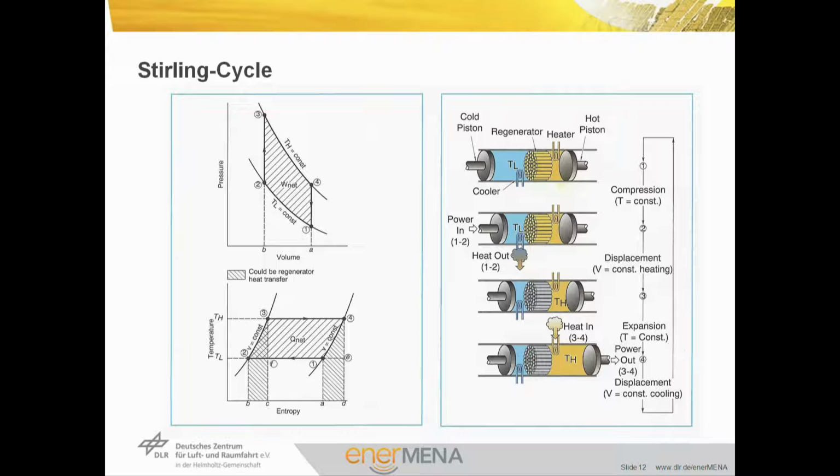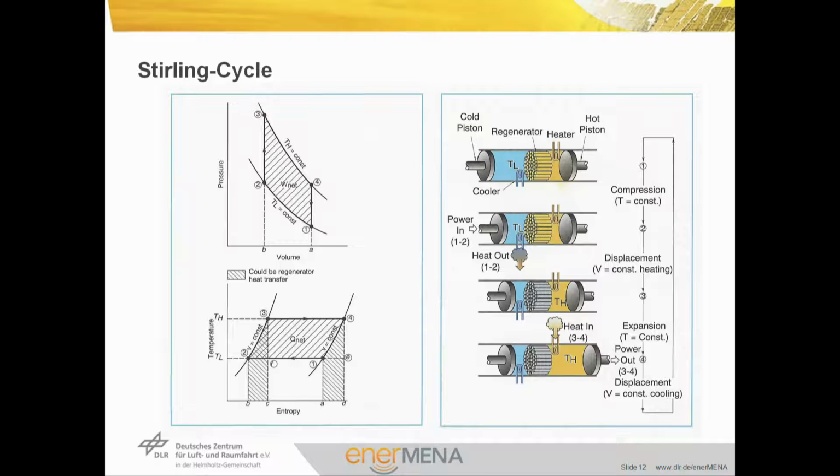From thermodynamics, we know that the gas temperature would decrease, but we introduce heat from the heat exchanger to achieve an isothermal expansion. Finally, both pistons are moving to the left side. The hot working gas is pushed through the cold regenerator where the heat is stored for the next cycle.